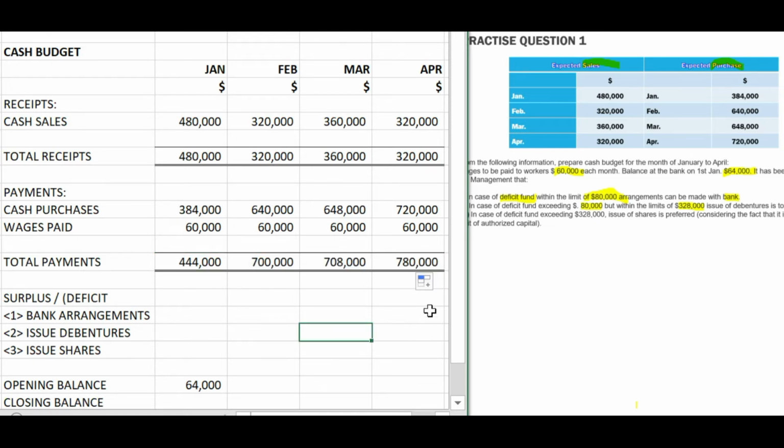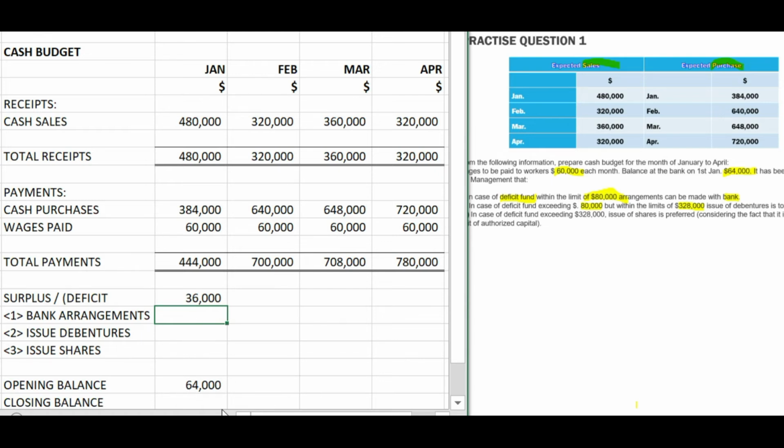Okay, total up. And then let's calculate surplus or deficit: total receipt minus total payment, which is 36,000.